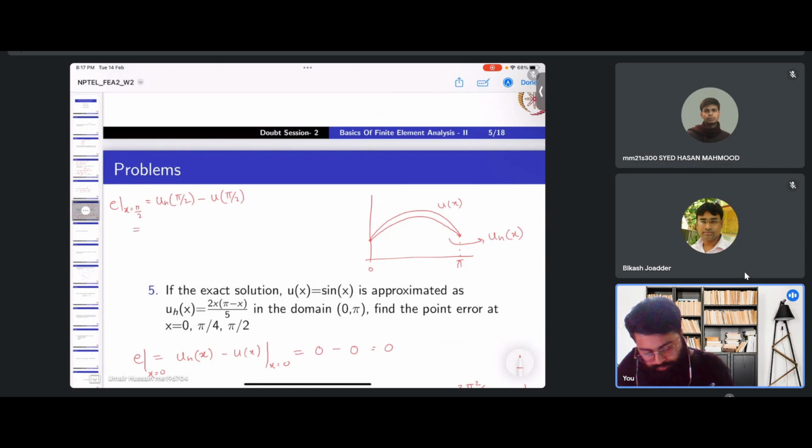So u_h at pi by 2 becomes pi minus pi by 2 over 5, minus u at pi by 2, what is sin pi by 2?